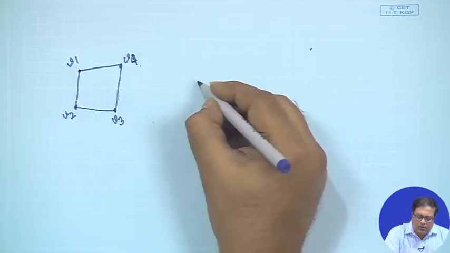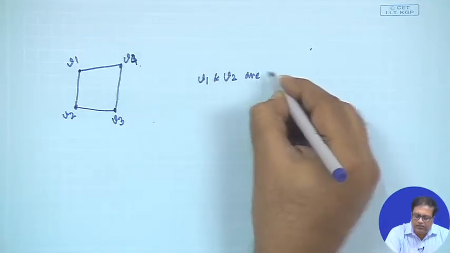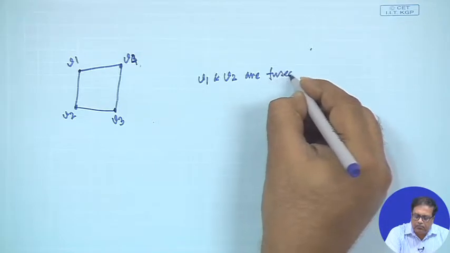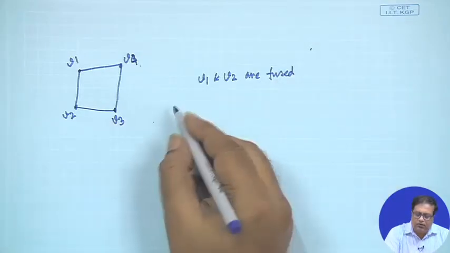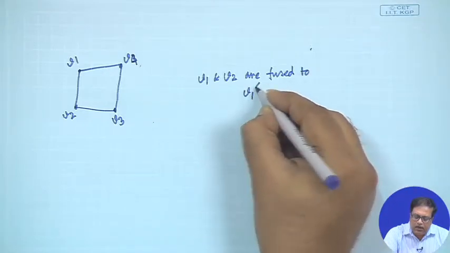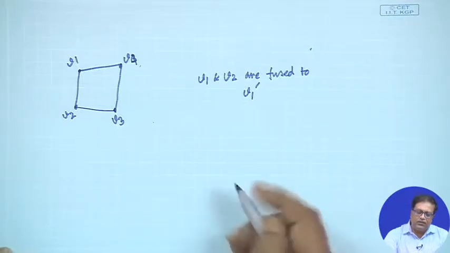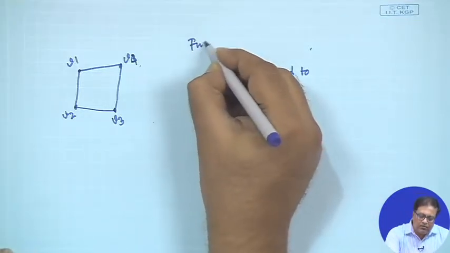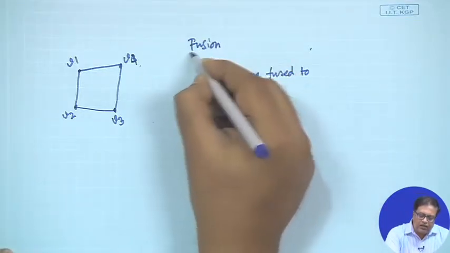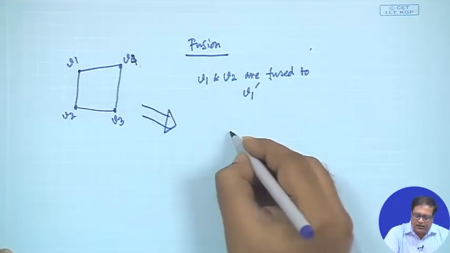Now, V1 and V2 are fused to become, say, V1 dash. So, V1 dash is the new vertex. How would this fusion operation look? From this graph, what we shall get is this one.